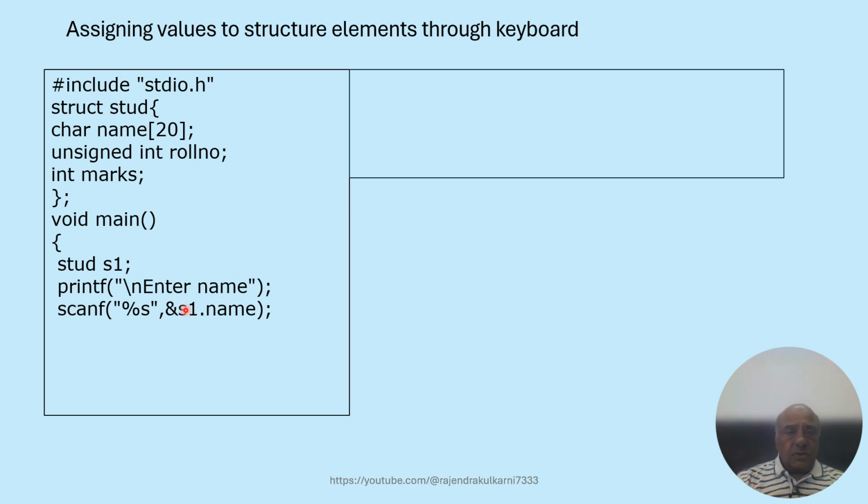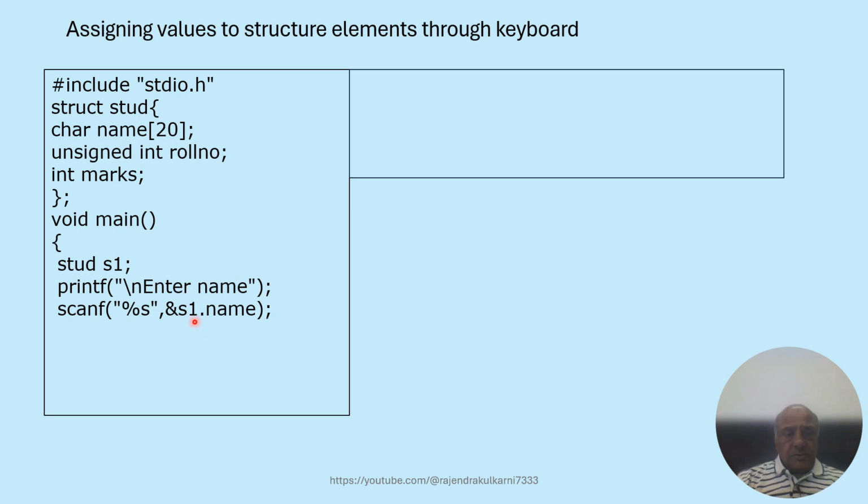So first we are asking the user to input the name of the student, and that we are assigning to the variable name, a string which is a part of the structure stud. How do we reach the variable name in the structure stud?